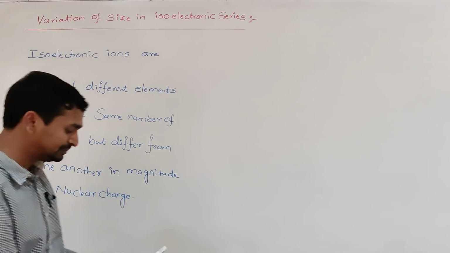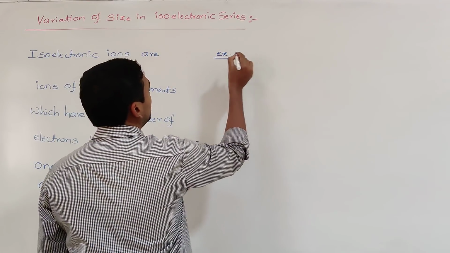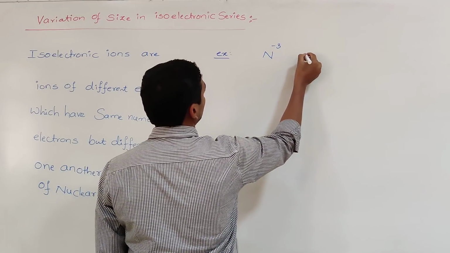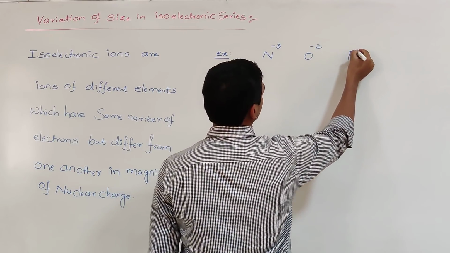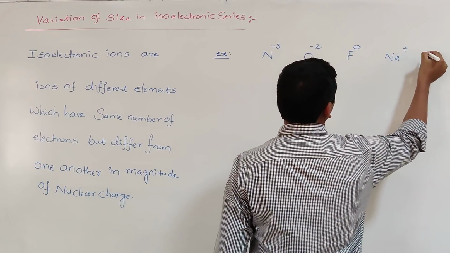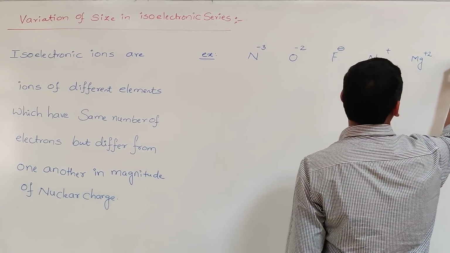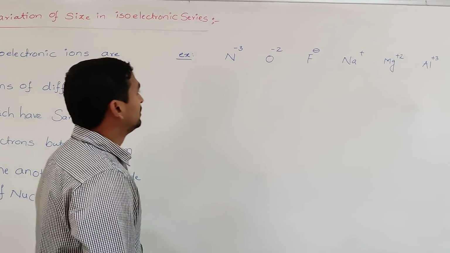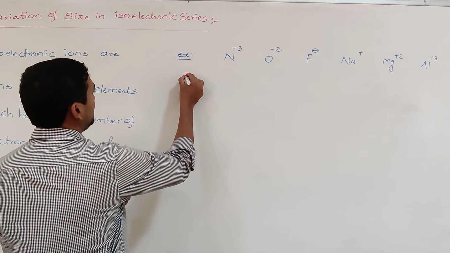For example, N-3, O-2, F minus, Na plus, Mg plus 2, Al plus 3. See, in this case, the atomic number you know very well.